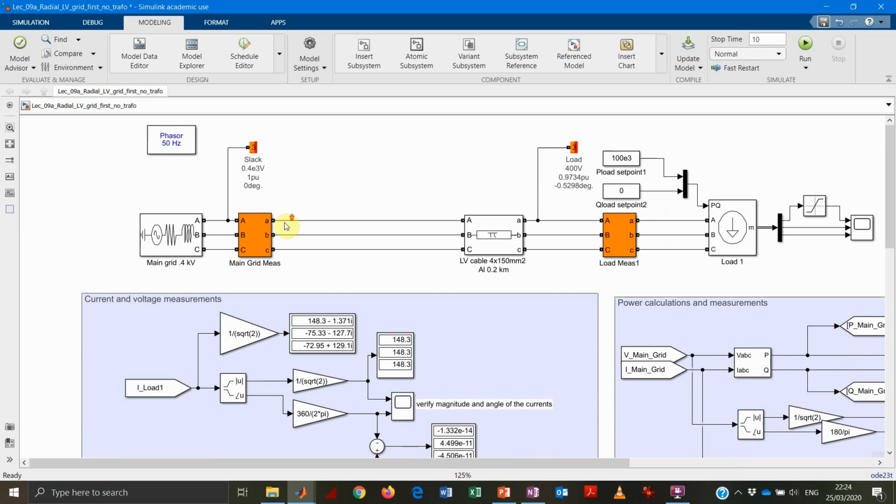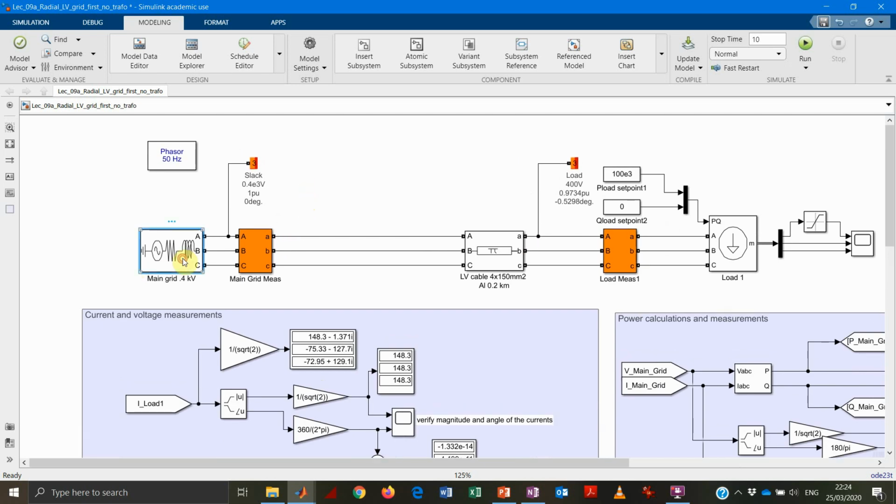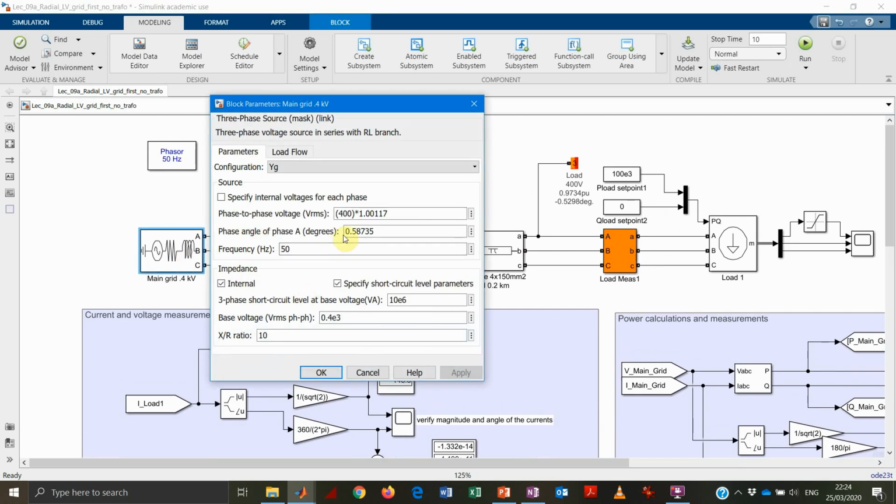So a quick look at the system. We have our external grid here. So this one is modeled as an ideal voltage source with, let's say, infinite inertia. So the frequency is not going to change under any circumstances. There is an impedance. So it's an ideal voltage source with an impedance in series.